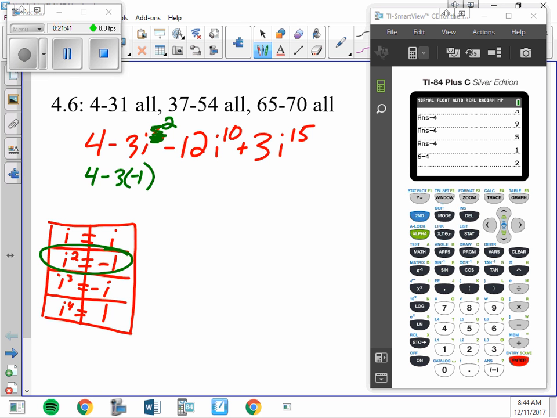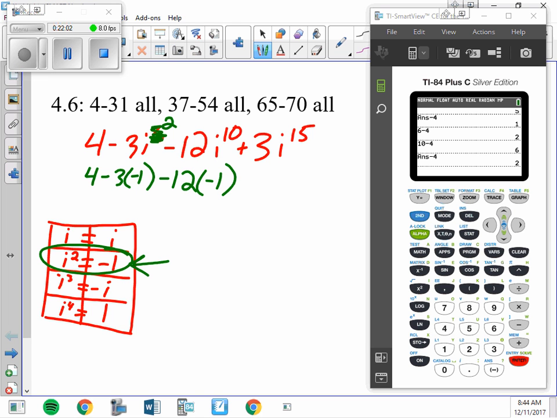For the next one, the 10, 10 minus 4 is 6. That's too big. Minus 4, and I get 2. And i to the 2nd is just negative 1. So negative 12 times negative 1. Okay.